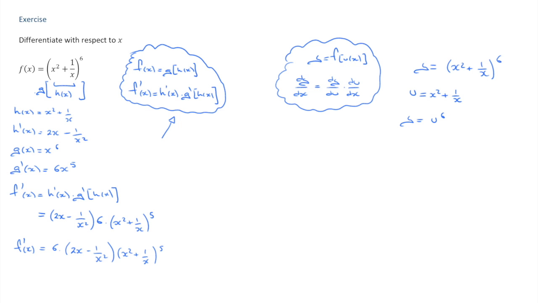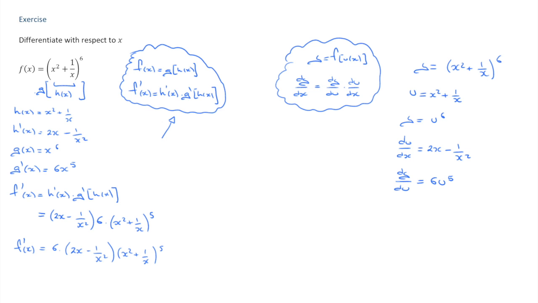Okay, now we're going to look at the derivatives. We know that du/dx, the derivative of u, would be 2x minus 1 over x squared. And y, now that it's a function of u, we can figure out its derivative with respect to u. That is, dy/du equals 6u to the power of 5.